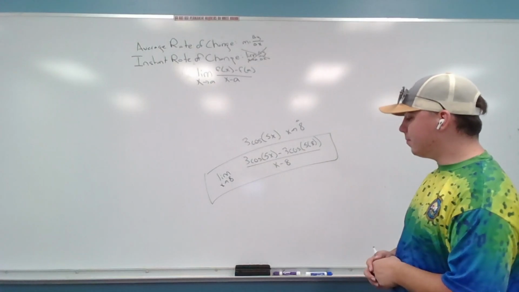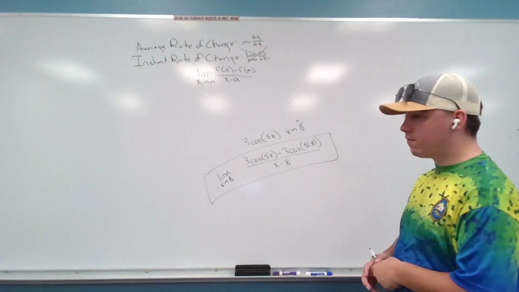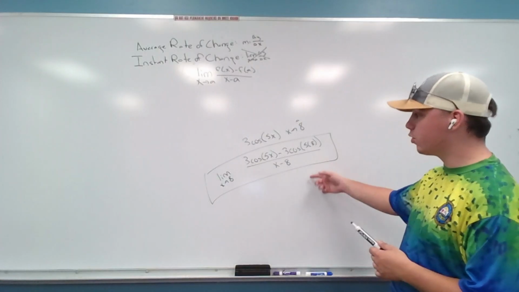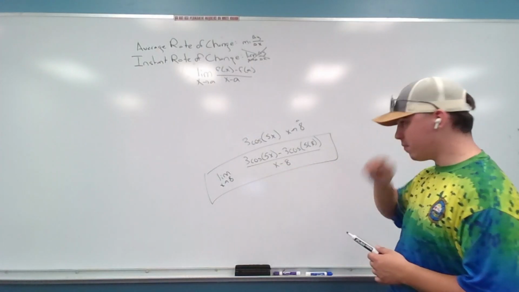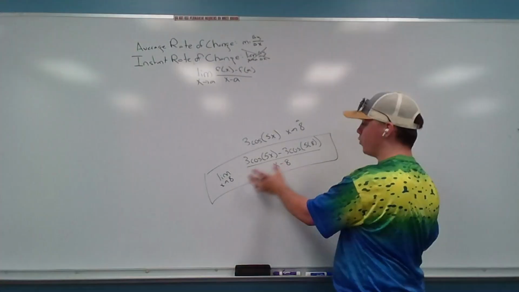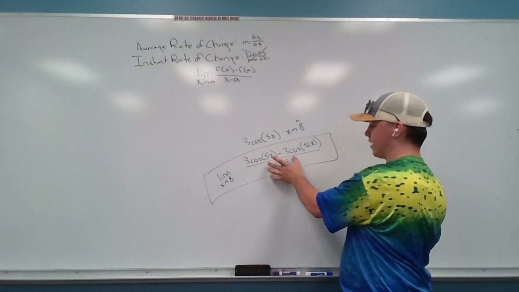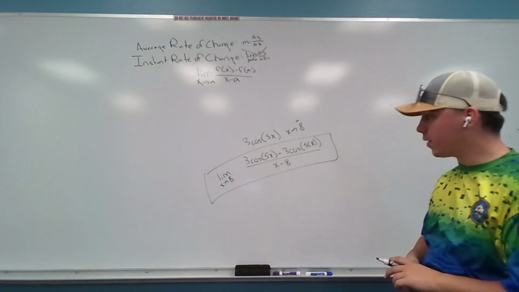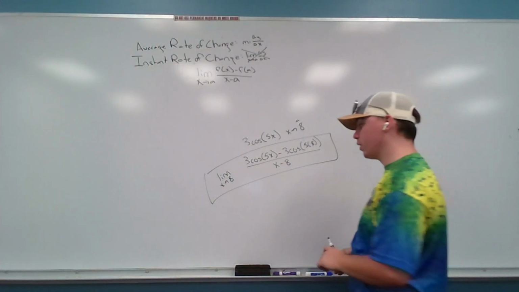To finish it, to actually find the numerical value of the derivative at that point, you would evaluate the limit here. Essentially, you get it to where you can substitute 8 into the equation without dividing by 0 on the bottom, and then you're good. But I'm not going to solve that right now until the later problems, which get really weird.